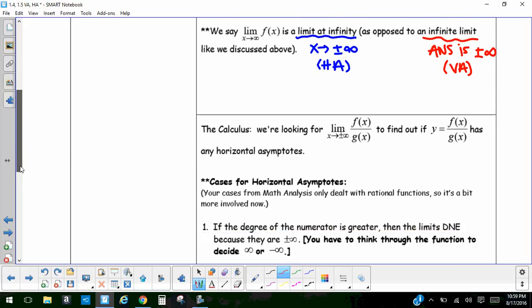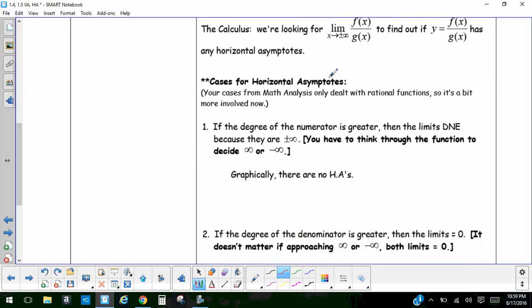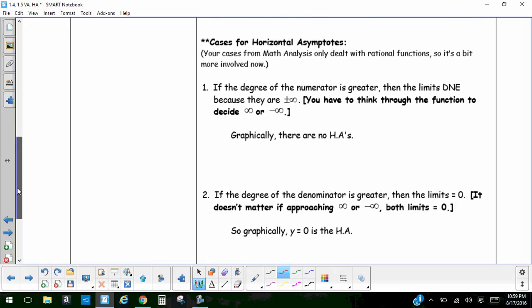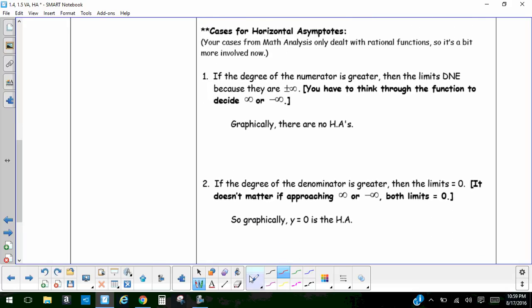Okay. So calculus-wise, we are looking at these limits to find out if this original y equals function has horizontal asymptotes. And you have three cases from math analysis. The tricky part or new part here is that math analysis dealt only with rational functions.